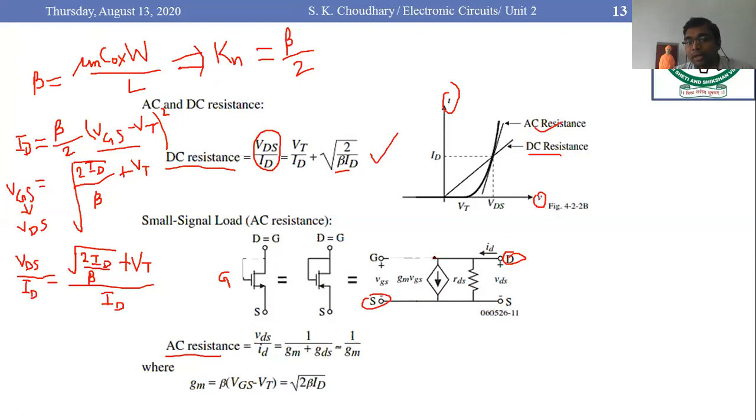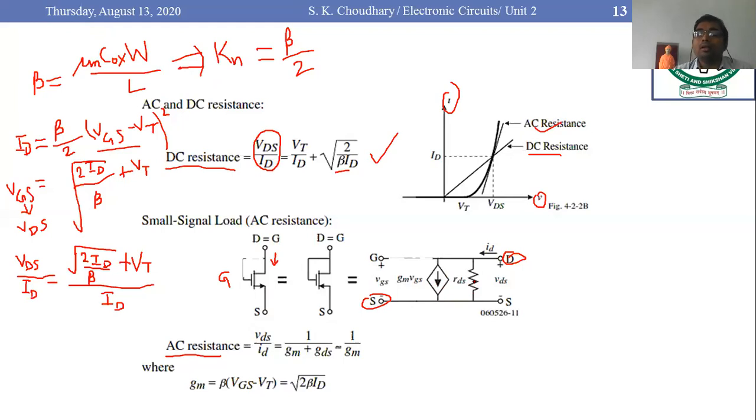One current is flowing through the drain, that is ID. This ID is shown here from drain to source side, and that is represented by the term gm VGS. We have already done this in the first chapter. And finite output resistance RDS between drain to source.